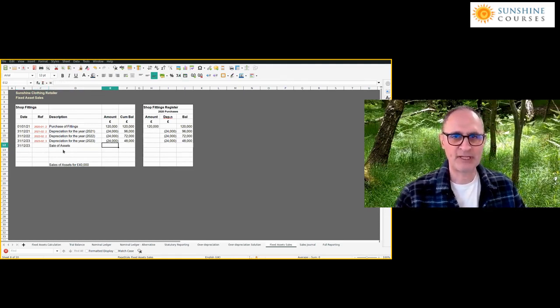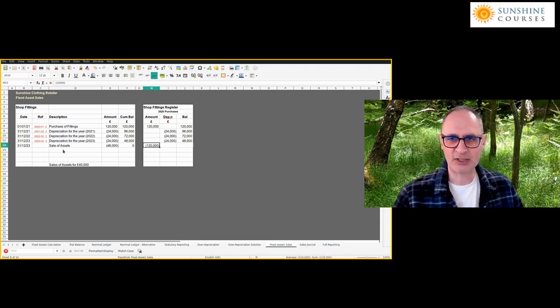And I'm going to put in a negative figure of £48,000. And that reduces the cumulative balance to zero. And again, I'm going to do the same thing here. I'm going to show my sales, but this time, instead of showing minus £48,000, I'm going to split it between the cost and the depreciation.